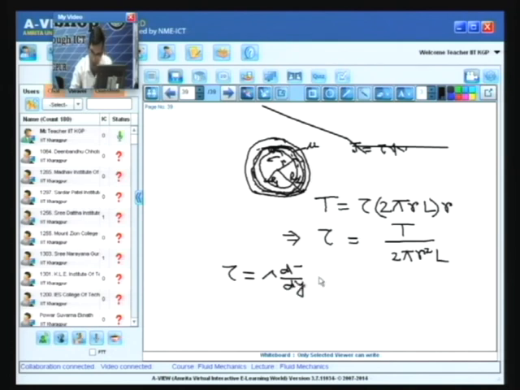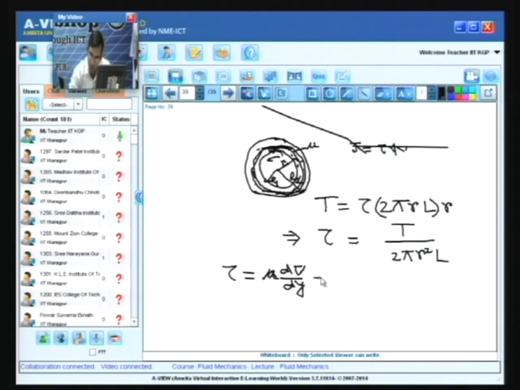Now, one thing you should keep in mind is that here the inner cylinder is rotating and the outer cylinder is fixed, and here r is taken radially outward, whereas y is measured radially inward.